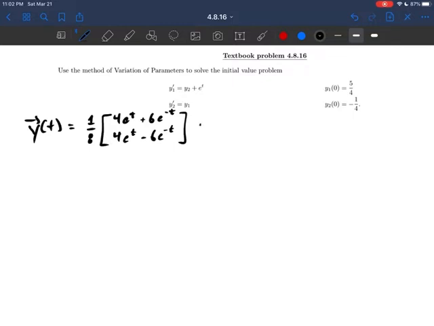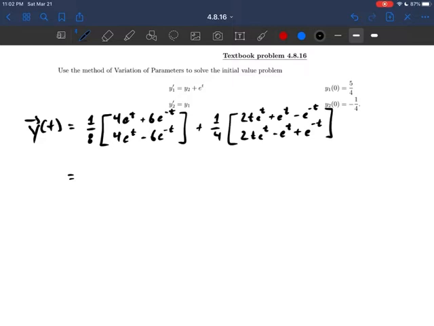And then we're adding that to 1/4 times 2te to the t plus e to the t minus e to the minus t, and 2t e to the t minus e to the t plus e to the minus t.